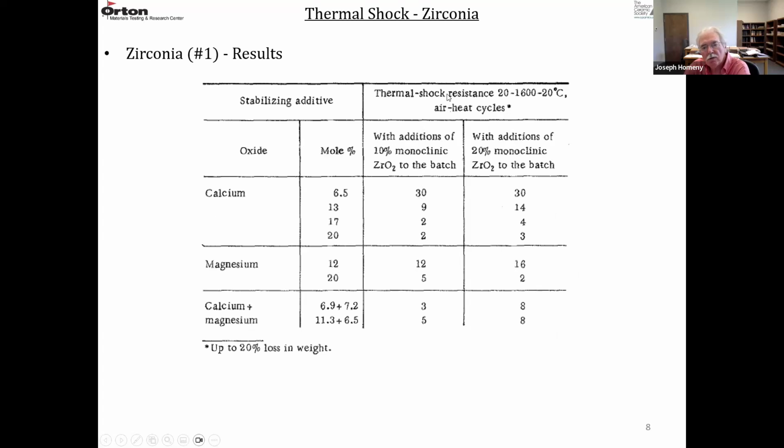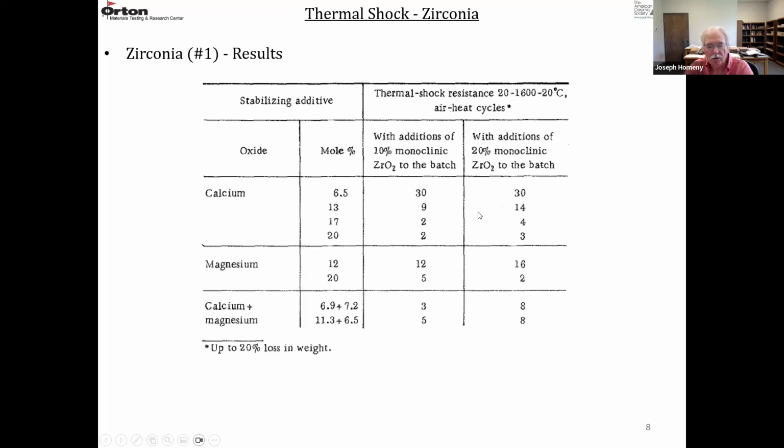So this is the thermal shock resistance cycles again, heating and cooling 20 degrees to 1600, back down to 20 degrees C. So this one with the highest monoclinic content survived 30 cycles. And I'm pretty sure they're following the DIN version, the German thermal shock test, where they stop it at 30. So these samples did rather well, and I'm sure that it was just stopped at 30 cycles.